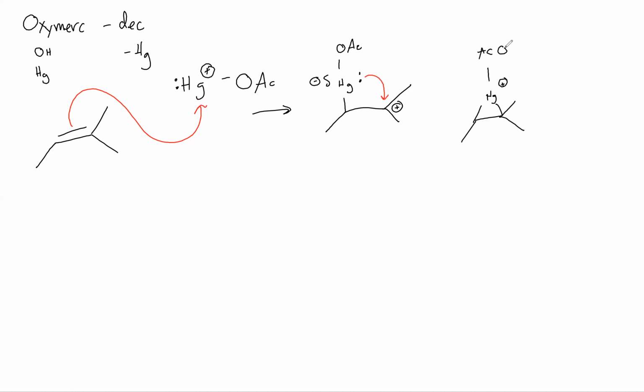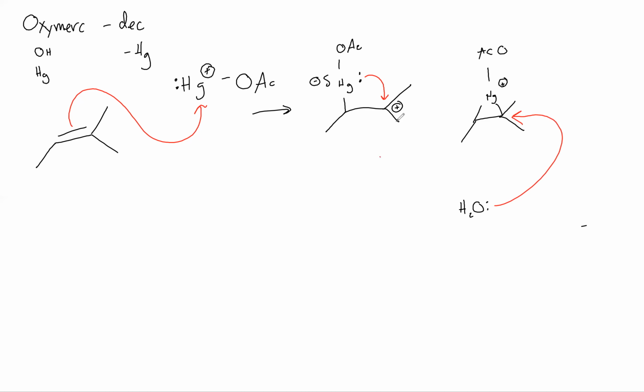Okay? So what we can see here is now we have this intermediate. And so what's going to occur is our nucleophile, aka water, I'll put an H2O here. That H2O is going to attack the more substituted side of this sort of complex. Why?